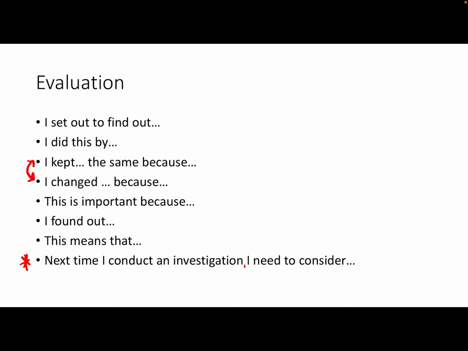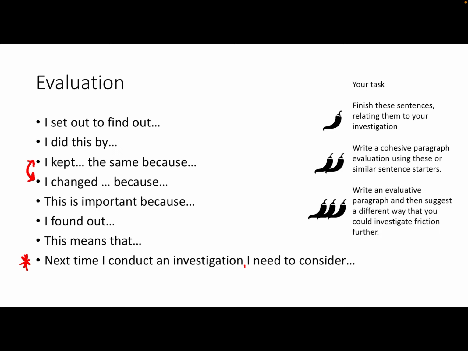Next time I conduct my investigation, I need to remember to mark my findings straight away so that I don't forget them. Something along those lines. What are you gonna do better next time? And being able to identify our weaknesses shows me that you understand what it means to be a good scientist and to conduct a good investigation.